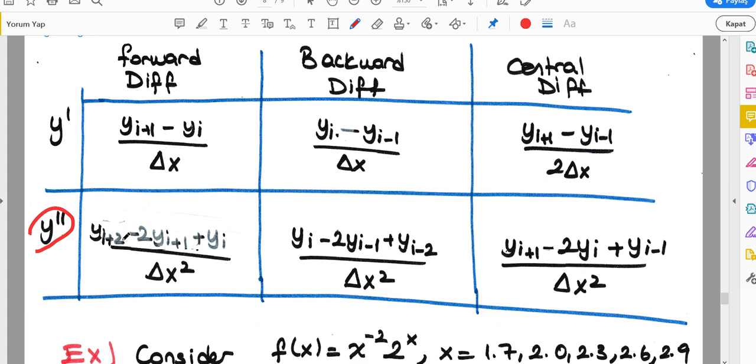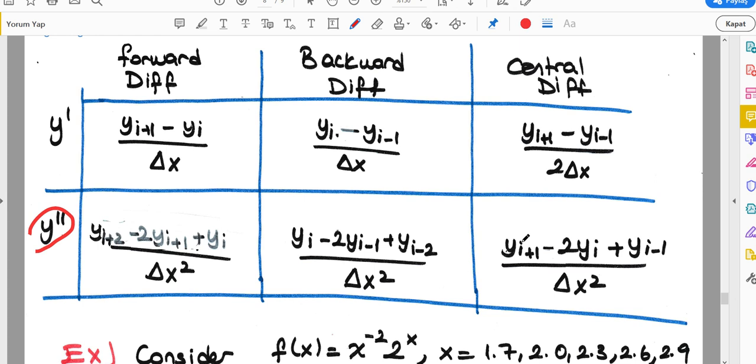So the second derivative can be obtained by the forward difference. You are using 3 points actually, but you are locating yourself at x i, x i plus 1, x i plus 2, divided by delta x squared, with coefficients 1, minus 2, plus 1. For the backward, you should use your historical background all the time. And then the central difference means that one is future, one is history.